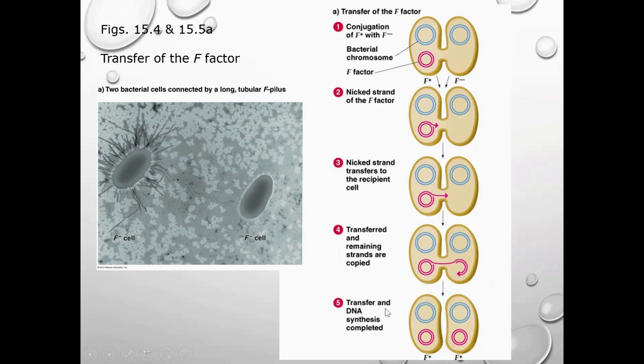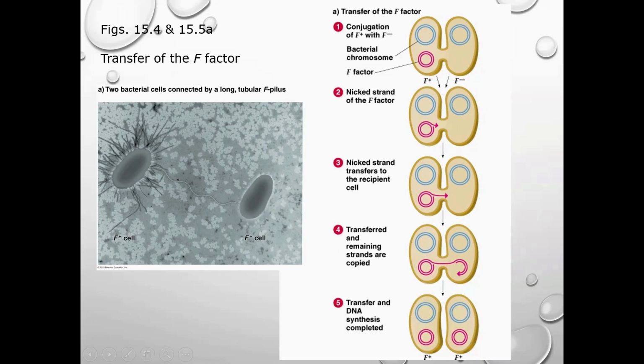When transfer of DNA completes, the replication also completes in the F minus cell. This F minus cell is converted to F plus because it also gets one copy of the plasmid.